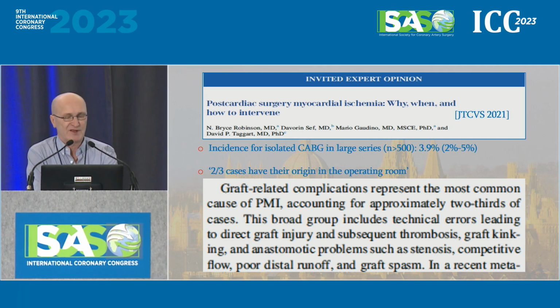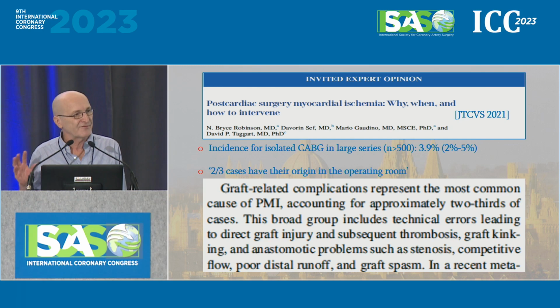We specifically wrote, graft-related complications represent the most common cause of perioperative myocardial ischemia, accounting for approximately 2/3 of cases. This broad group includes technical errors leading to direct graft injury and subsequent thrombosis, graft kinking, and anastomotic problems such as stenosis, competitive flow, poor distal runoff, and graft spasm.